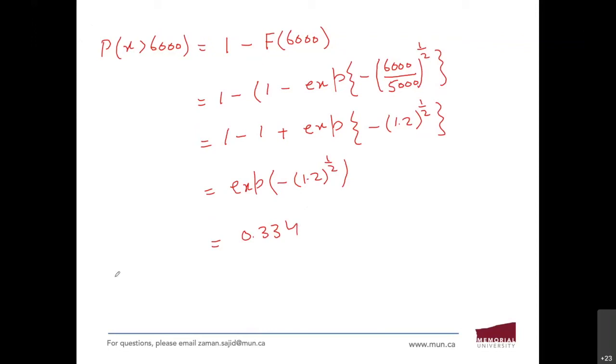Now what does it mean? Basically, only 3.4% of all bearings lasted at least 6,000 hours.